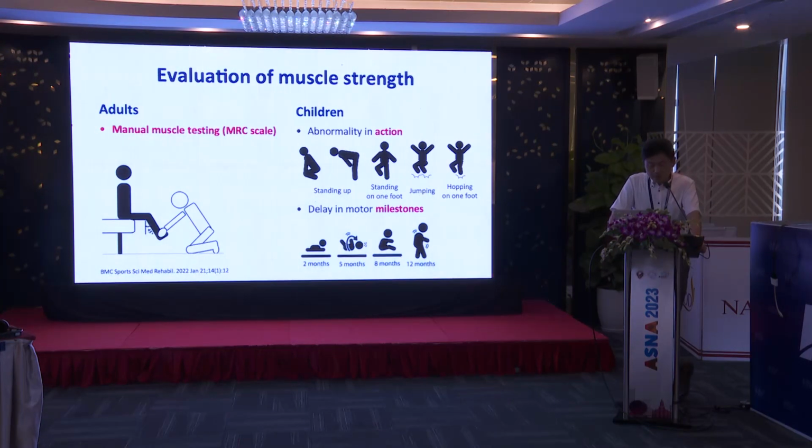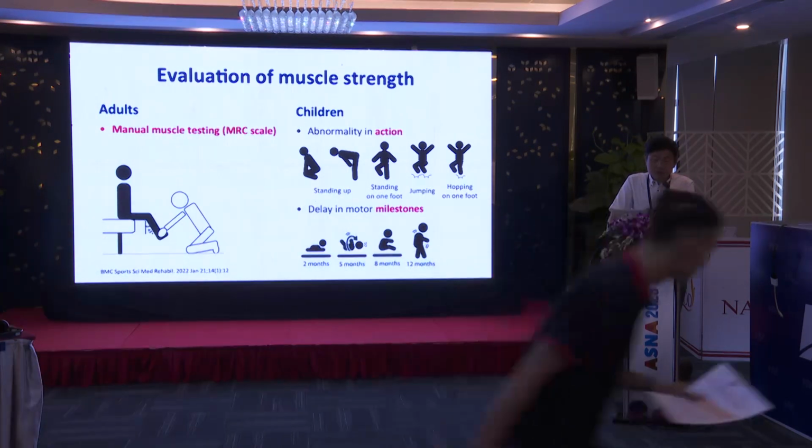And also, of course, in even younger children, you have to check milestones, especially motor milestones for muscle diseases. Adult neurologists usually don't care much about milestones, but this is very important, especially for young kids.